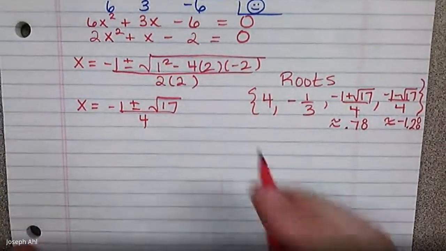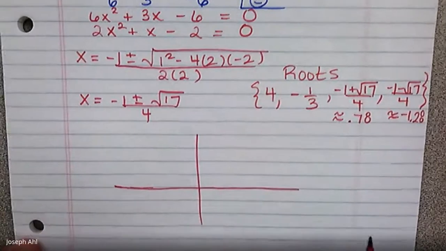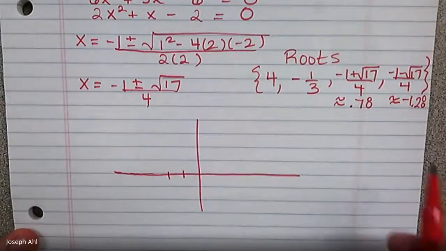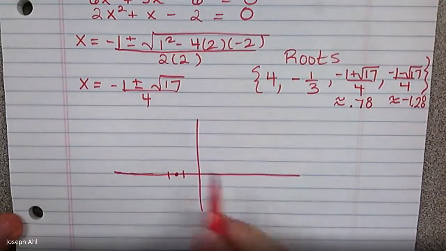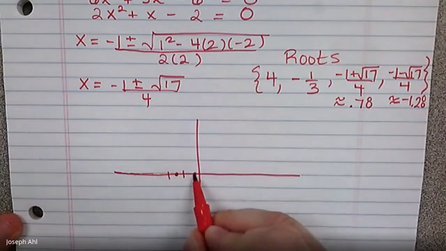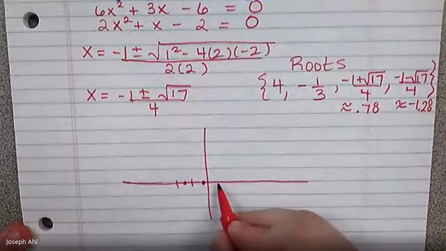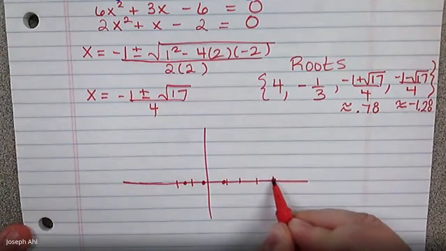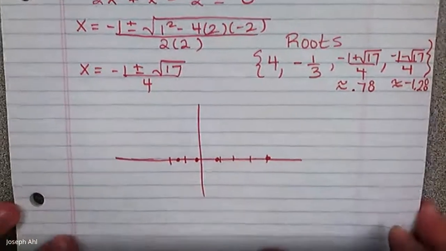So if I were to make a sketch of this graph, we have x-intercepts at -1.28. So that's like right over here. We have an x-intercept at -1/3. That was one of the roots I tested, right? We have a root at 0.78. And then we have a root at 4, 2, 3, 4. So we're going to cross the x-axis once, twice, 3, 4 times we're going to cross.